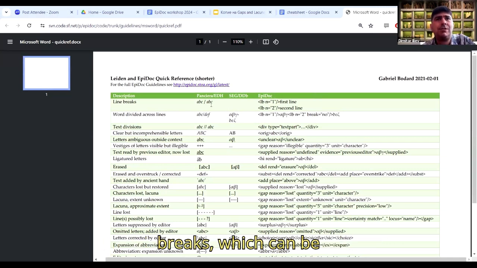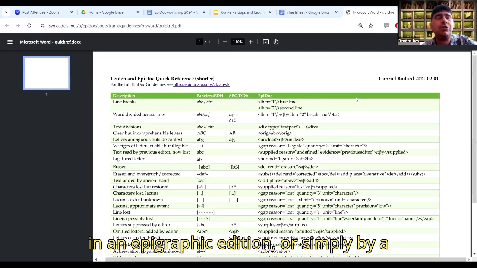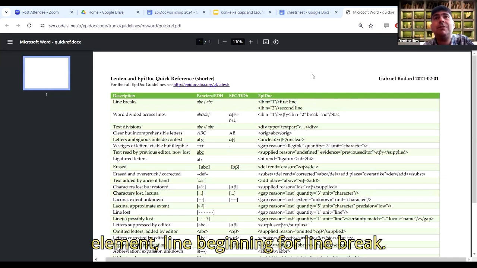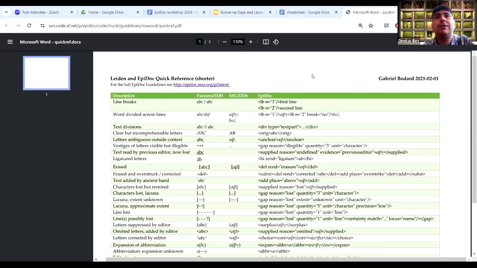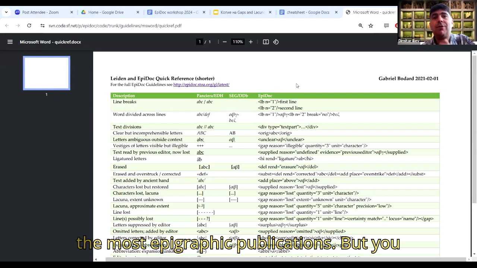So you have line breaks, which can be indicated by a slash or vertical pipe in an epigraphic edition, or simply by a new line in the edited text. These are covered by the tag lb, the empty element line beginning or line break, with numbers. As I told you, these numbers can be visualized, all of them if needed, or the default visualization is every fifth line, as in most epigraphic publications.